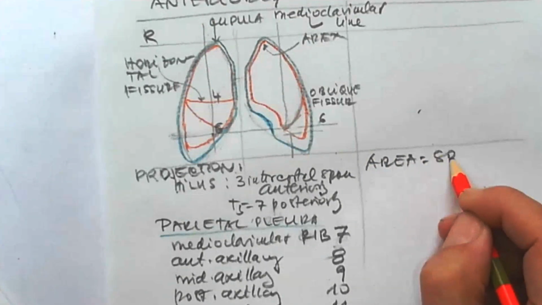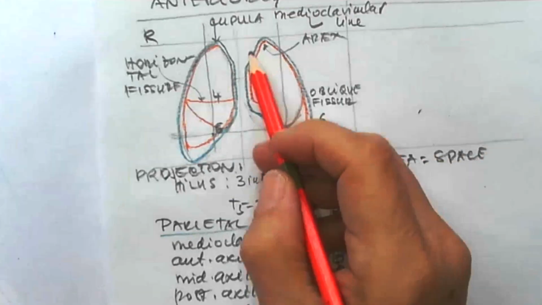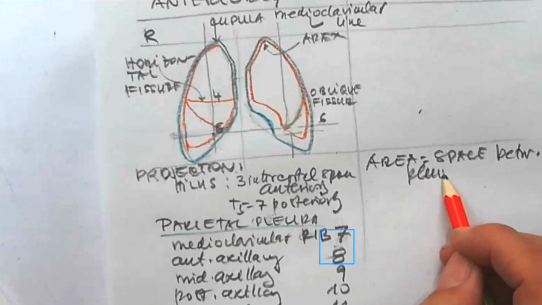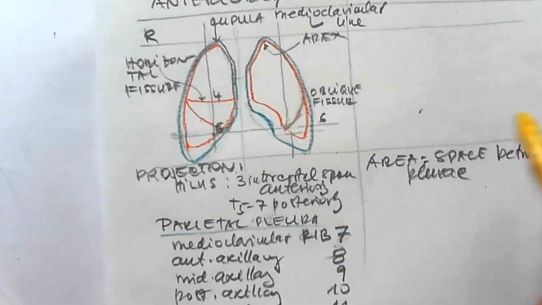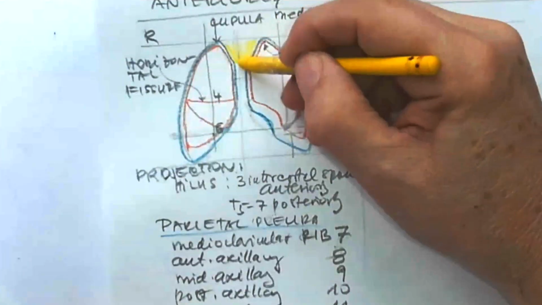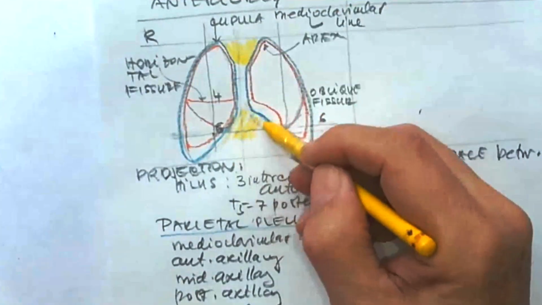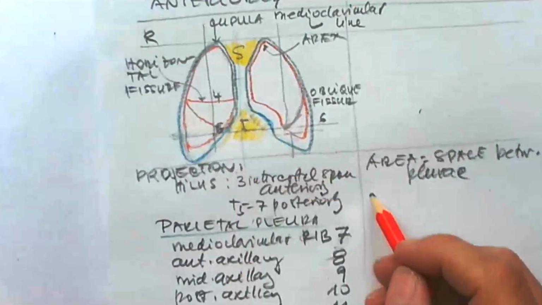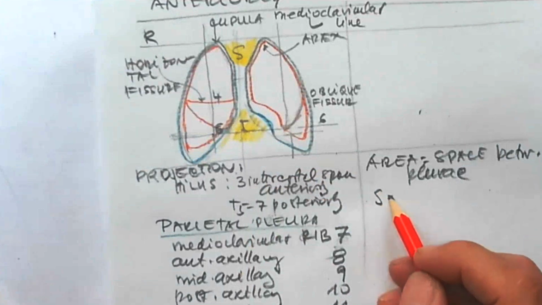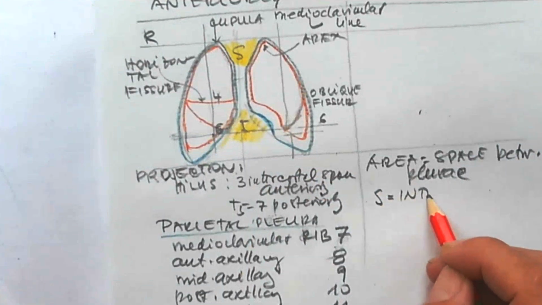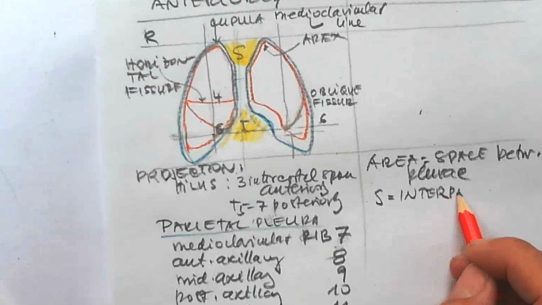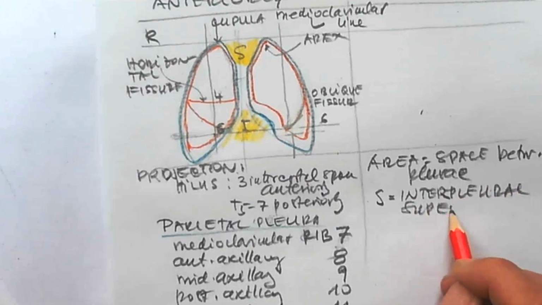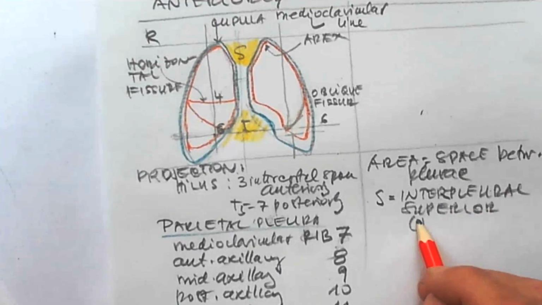Area is the space between the pleurae, using yellow coloring the superior and inferior space. Superior S, inferior I. Superior interpleural space is also called thymic.